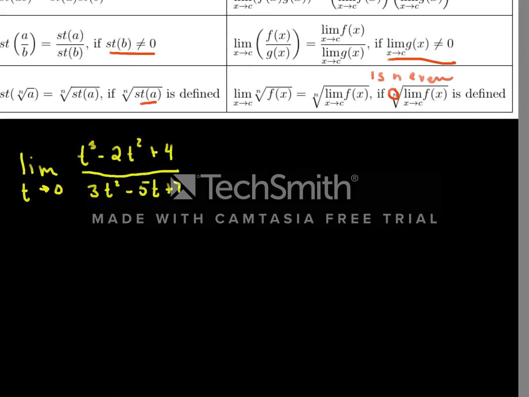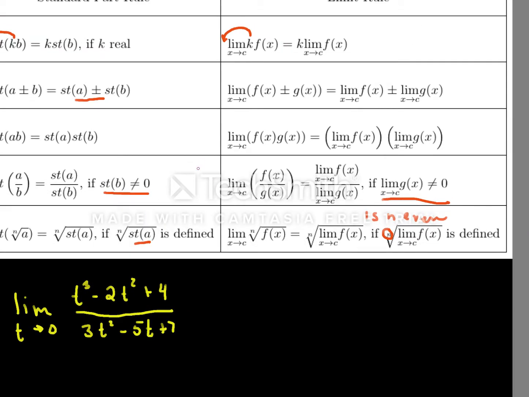So we know that, provided that the limit of the denominator isn't 0, the limit of the ratio is the ratio of the limits.